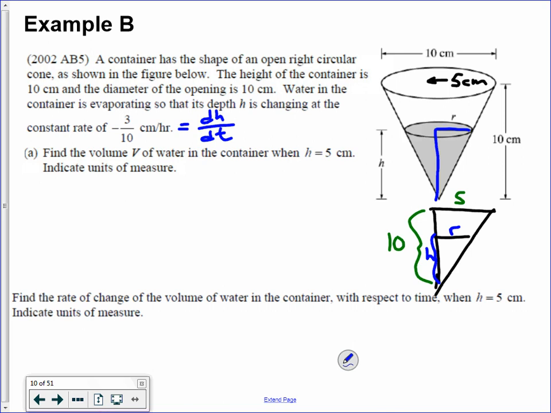No, you're thinking of the 4/3, that's with the volume of a sphere. All right. Well, the volume of a cylinder is just pi r squared h, and the volume of a cone is 1/3 that. So the volume of a cone, got to have that down here, because the water is in the shape of a cone, is 1/3 pi r squared h. That's the volume of a cone.